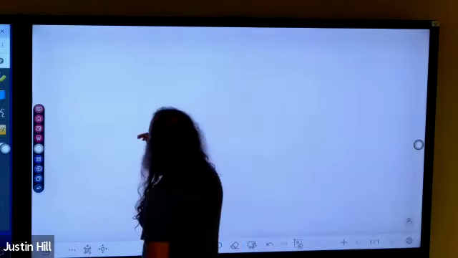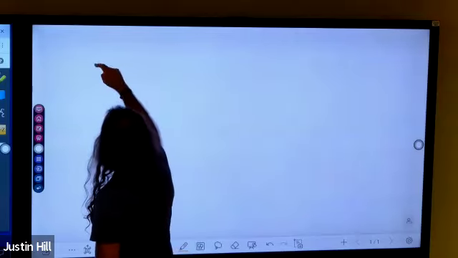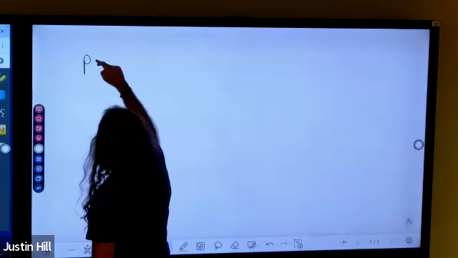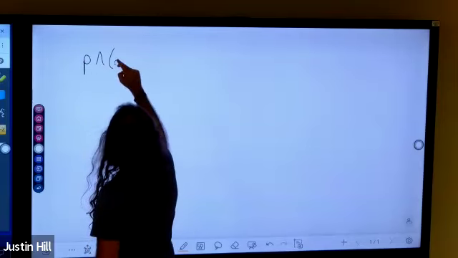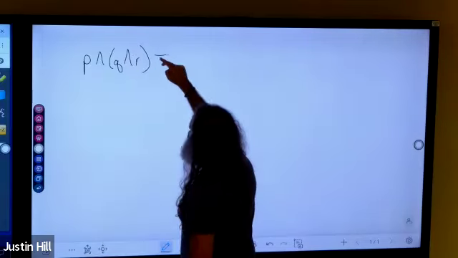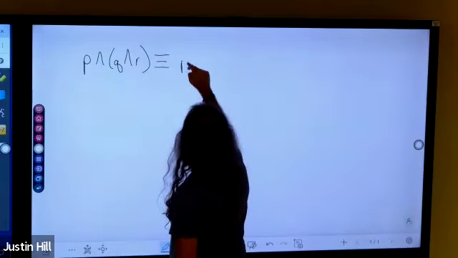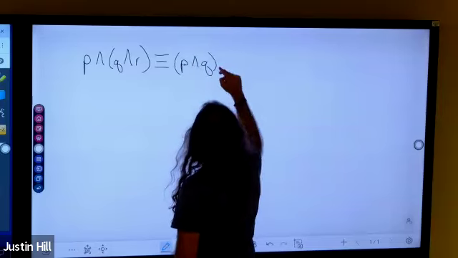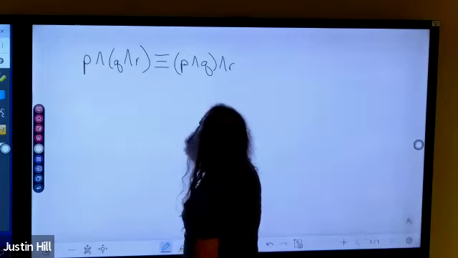But some of the other patterns that you're gonna see, I mentioned one of them earlier, but if I have something like P and Q and R, that is equivalent. I can rewrite that as P and Q and R, with the parentheses in a different place.